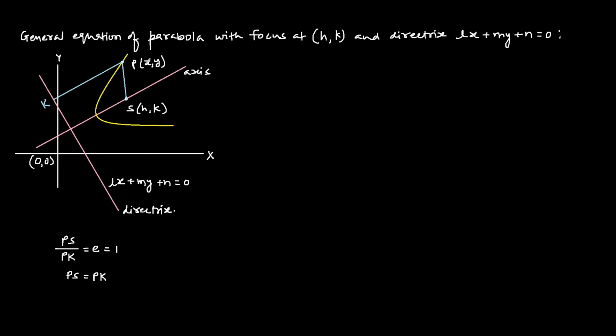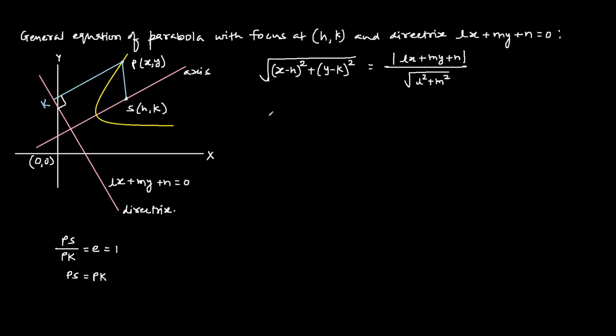PS, we can find the distance of points P and S using this formula: square root of (x minus h) square plus (y minus k) square. And PM is the perpendicular distance of point P from the directrix, so it is mod of lx + my + n divided by square root of l square plus m square.